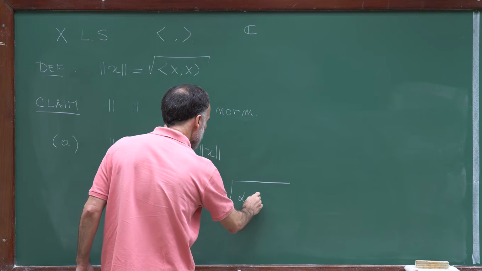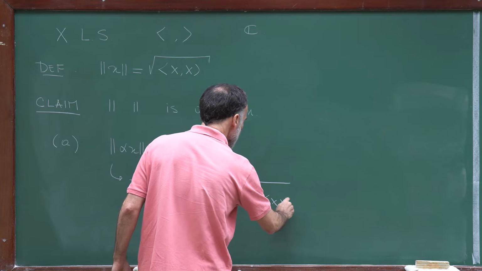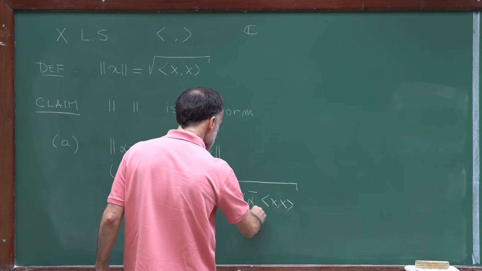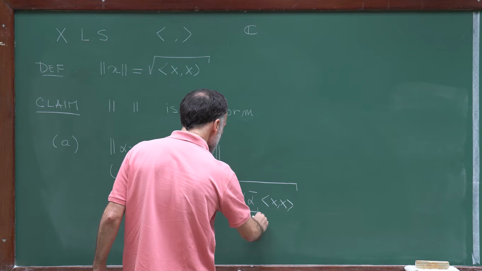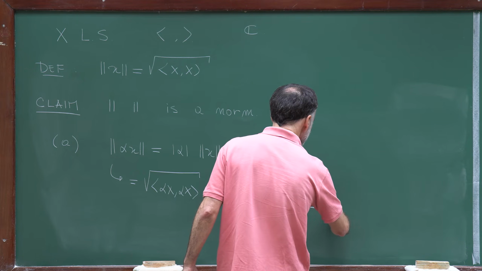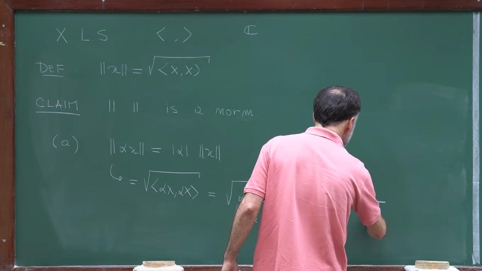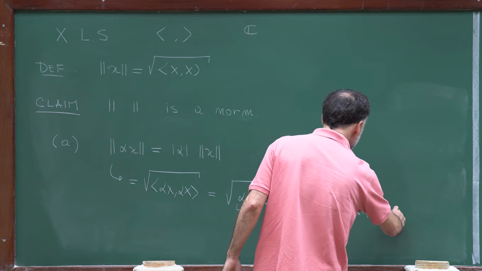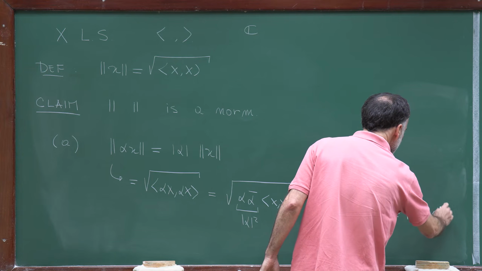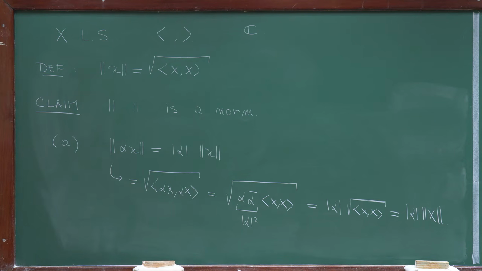So what we get is α times the complex conjugate of α, times the scalar product of (x, x). Well, this gives you the absolute value of α squared, which gets out from the square root. And so you get that this is the absolute value of α times the square root of the scalar product of x with x, and this is |α| times the norm of x. So this is the first property.